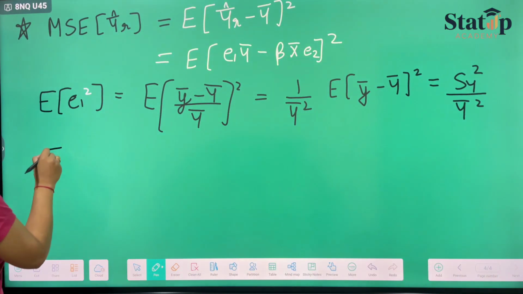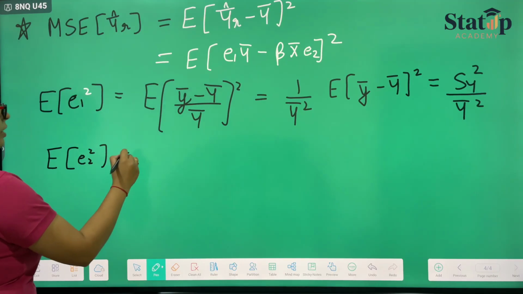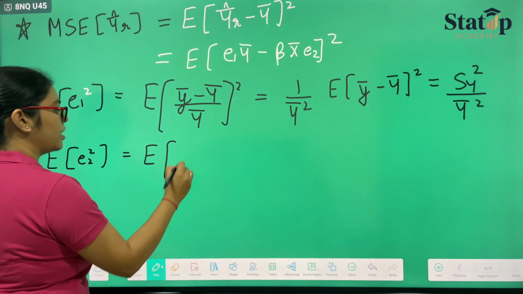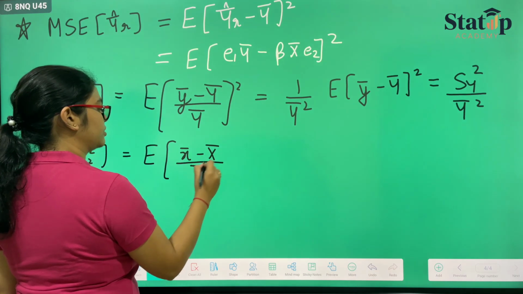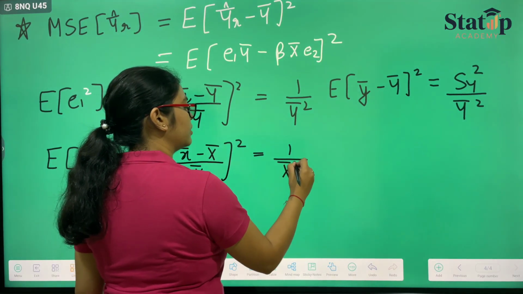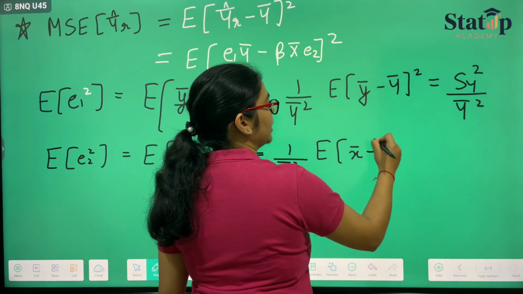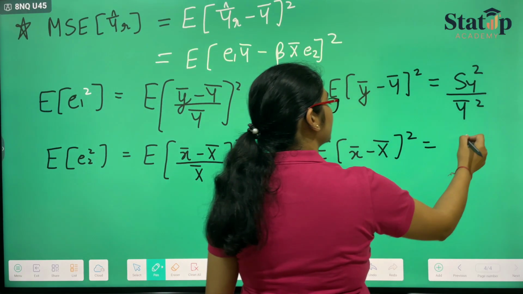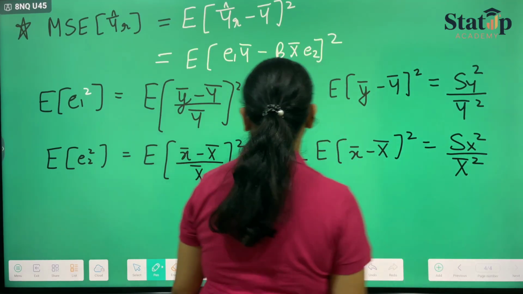Similarly, the expectation of E2 square would be the expectation of small x bar minus capital X bar upon capital X bar whole square, which is 1 upon capital X bar square times the expectation of small x bar minus capital X bar whole square, which is nothing but Sx square upon X bar square.